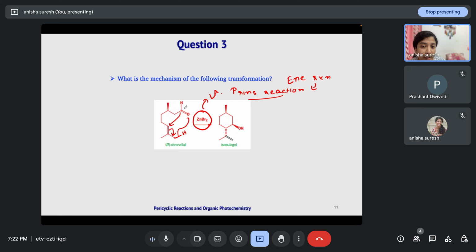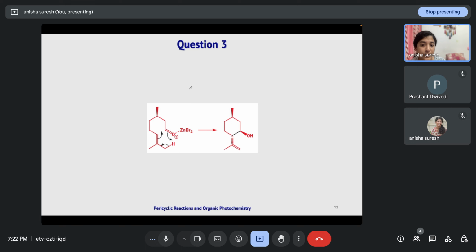A carbon-carbon bond will be formed between these two carbons, resulting in the formation of this product. So this is how the mechanism will be taking place.